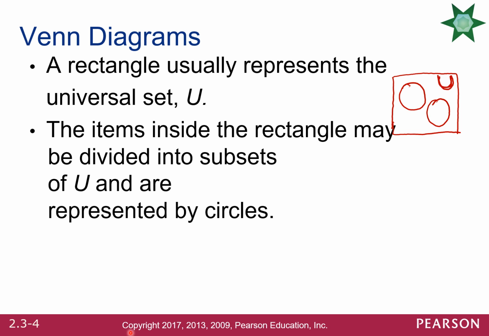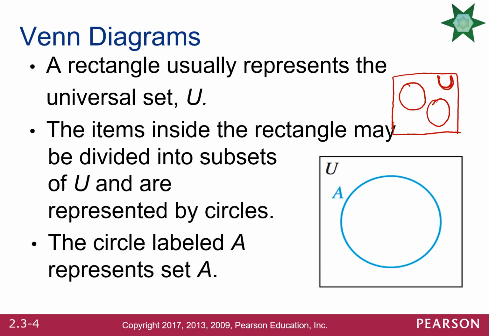It says here the items inside the rectangle may be divided into subsets of U and are represented by circles. All right, so again, the rectangle contains all the elements in the universe that we are studying, that we are talking about, or that we are concerned with. And then these circles inside the rectangle represent subsets created from the universe of values.